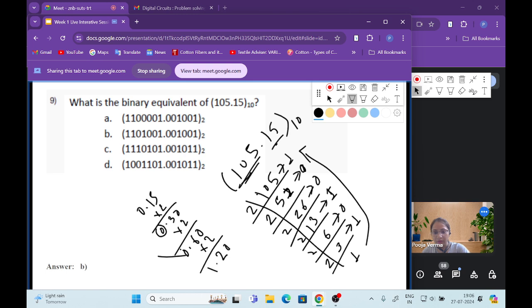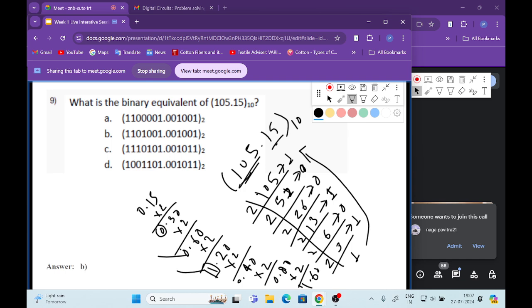So this fraction digit will be represented in binary. Again multiplied by 2, so 0.40, again multiplied, 0.80, again multiplied, 1.60, and these fraction digits have been taken for representation.